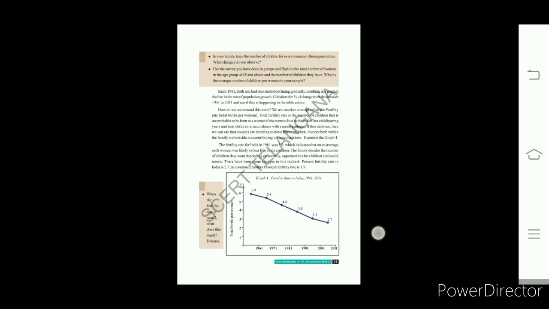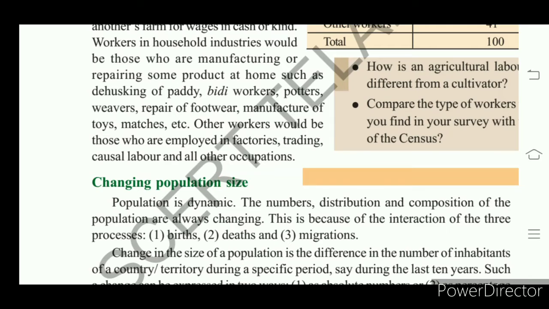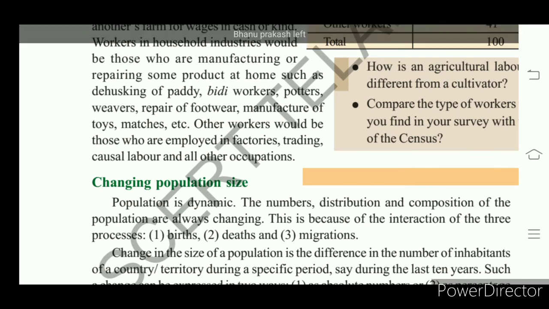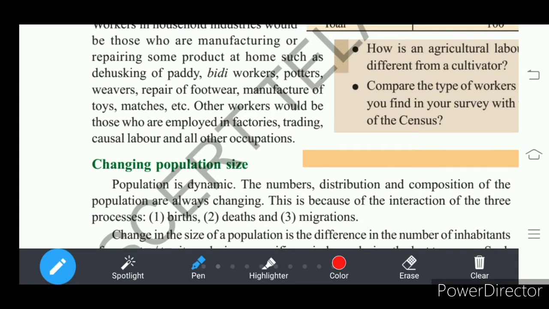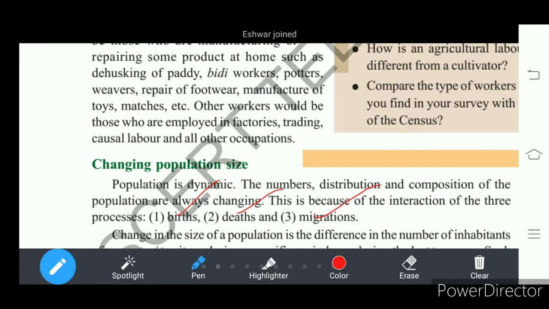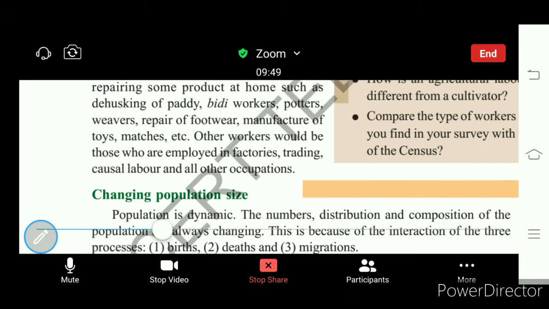There are three factors or aspects we see in connection with the change in population. What are those? They are births, deaths, and migration. How do these three aspects bring change in the population size? Let us understand.